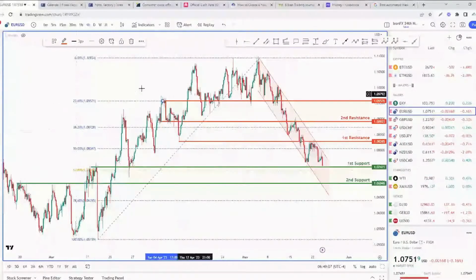You can of course try it on a lower time frame as well, but what I've seen works better for us is doing it on the daily and 4-hour chart, using those levels, and then zooming in to the hourly or the 30-minute time frame based on the level that you have identified on a slightly higher time frame, right?